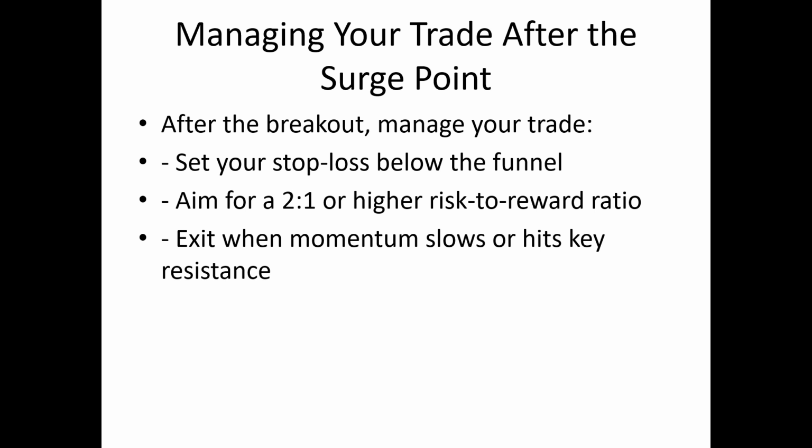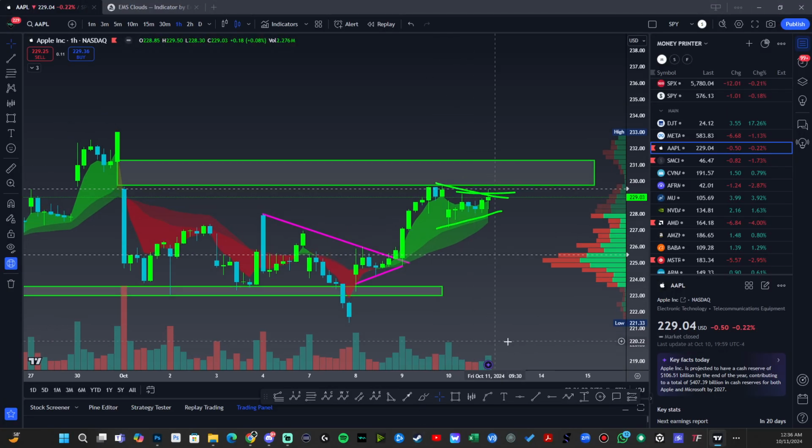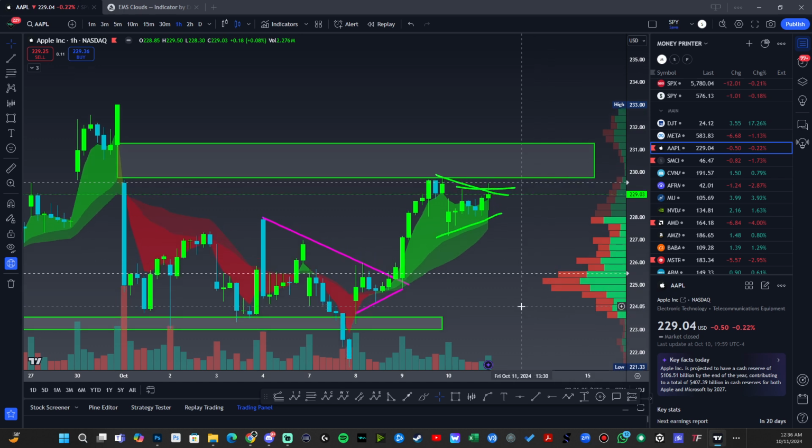We're trading the same exact setups, but one name doesn't break out fully, but we scale out on the way up, and the other one actually fully breaks out and explodes and just continues to rise to the upside. And then you want to exit the trade when momentum slows down, or the price is getting close to a resistance level. So let's pull up the charts again here and go over how we go about exiting.